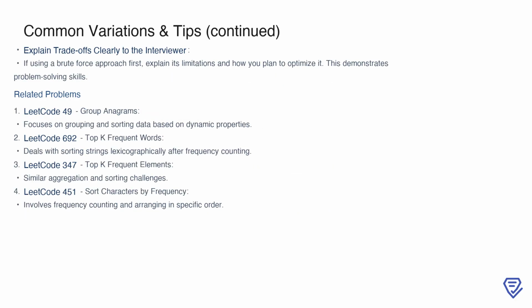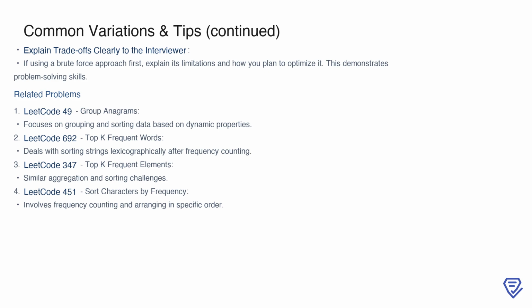When explaining your solution to an interviewer, it's important to be clear about the trade-offs involved. If you start with a brute force approach, acknowledge its limitations and outline your plan for optimizing it. This demonstrates both your problem-solving skills and your ability to think critically about efficiency. Related problems can also give you a broader perspective. For example, LeetCode 49, which focuses on grouping and sorting dynamic data, shares some conceptual similarities.